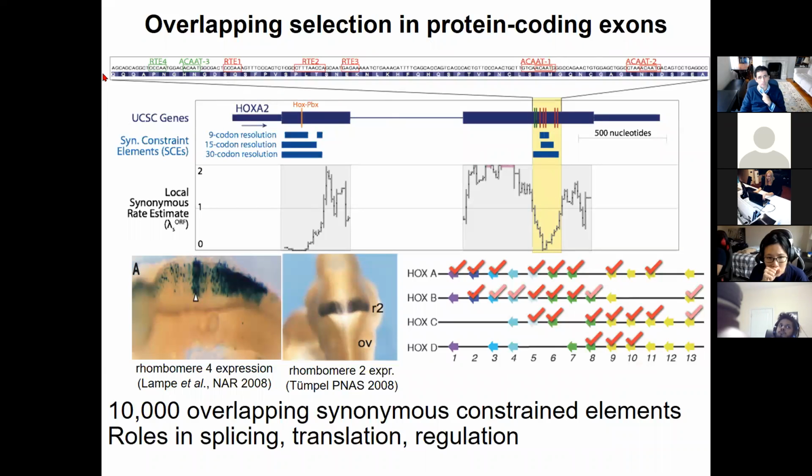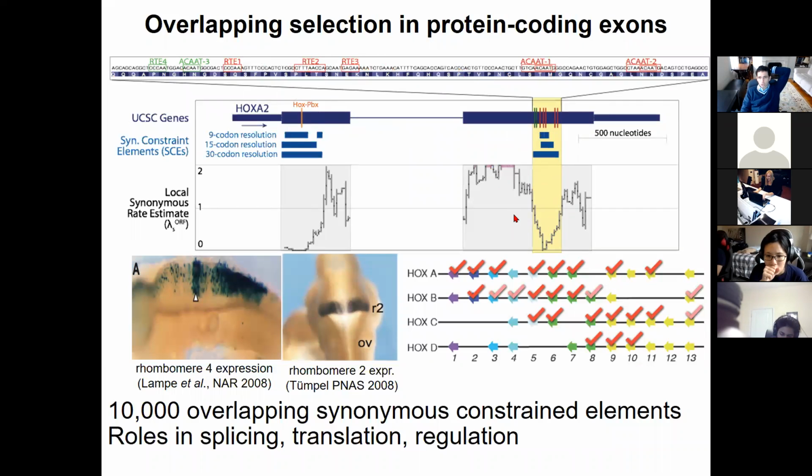Here we can measure not only what the protein coding signal is like, but we can also measure synonymous constraint within the third codon position of protein coding genes. And across all of these Hox proteins, we were able to find that in fact they encode many additional motifs and RNA structures overlapping their coding regions.